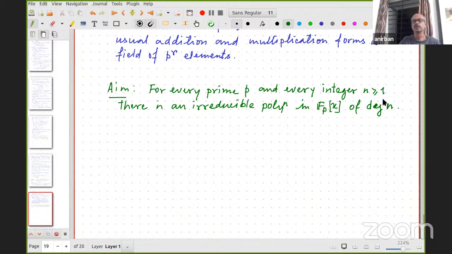Whatever natural number you start with. This is our n.